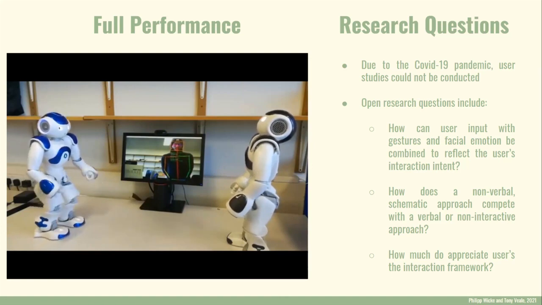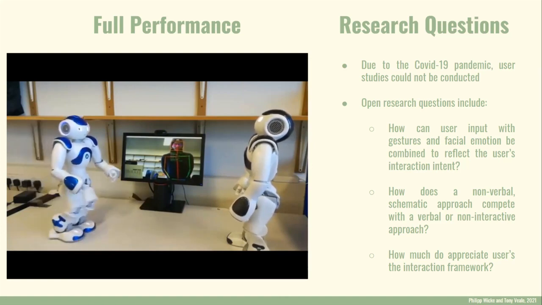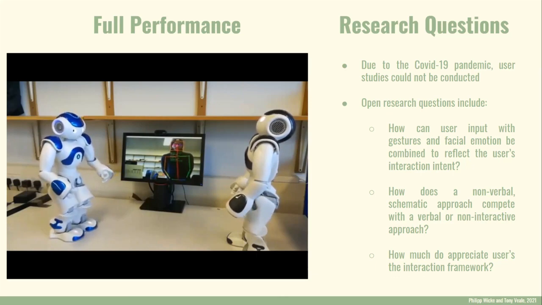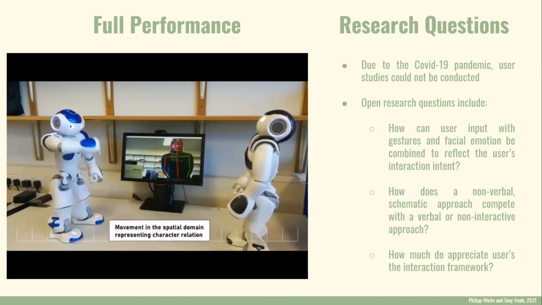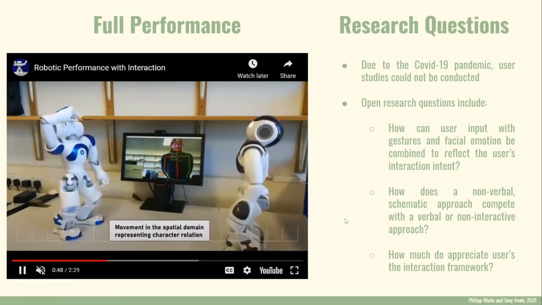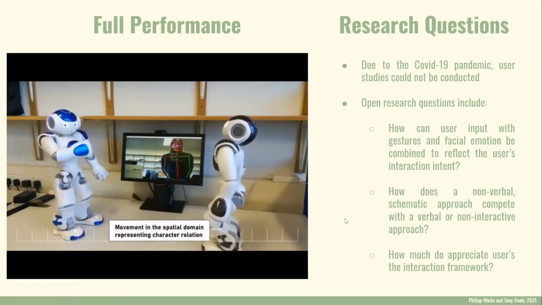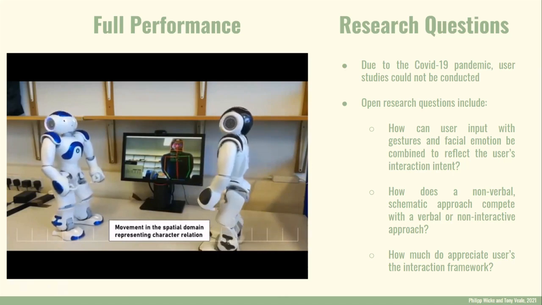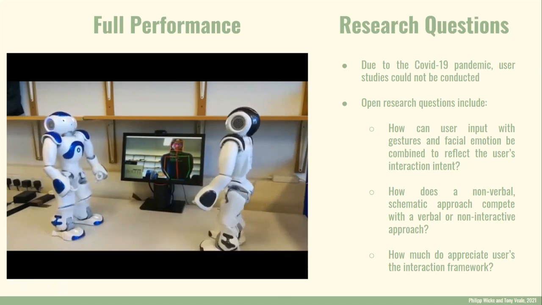And they are also being incorporated to modulate the performance. And then the robots react accordingly. So again, here we can see the actual theme, the walk line of the paper. So the robots move further apart or closer together during the interaction.